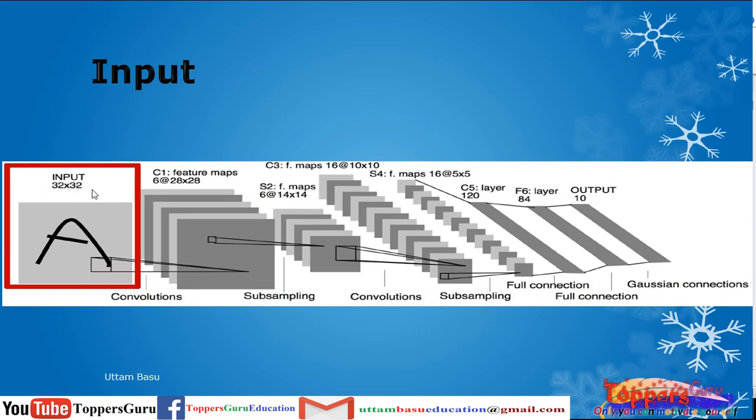At input, I have taken an input size of 32 by 32 pixels, and after convolution I will get layers of 28 by 28, and then 14 by 14 after resampling. The images become smaller and the number of layers increases, and all the layers are fully connected. I will explain the details later.